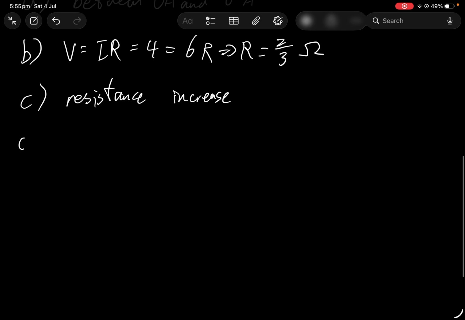And for part D, what could cause such a change in resistance?